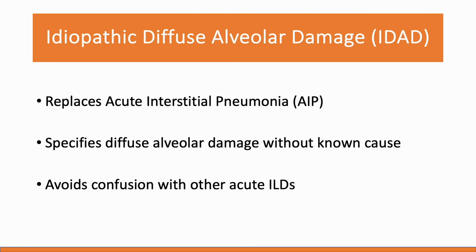Therefore, a lot of these cases do not have biopsies, and because the mortality is so high with surgical lung biopsy in such an acute presentation, the histopathological diagnosis may not be needed in a lot of cases, and radiology may be something that we have to be very clear about.